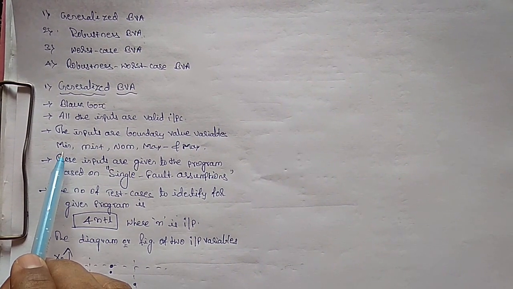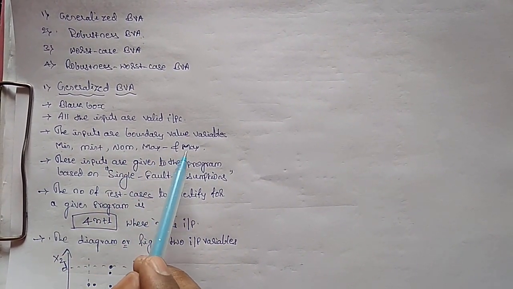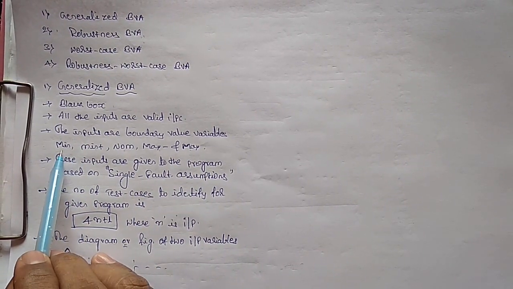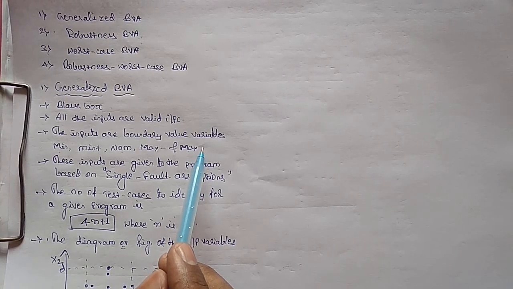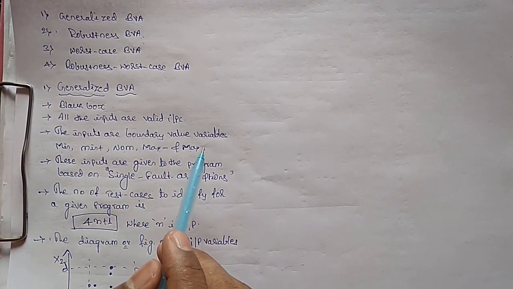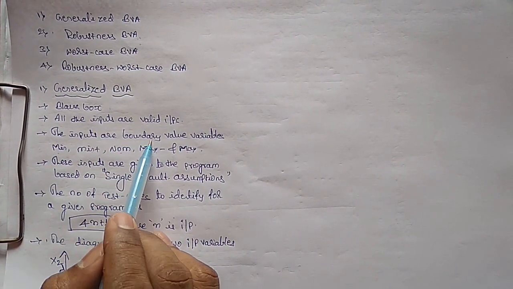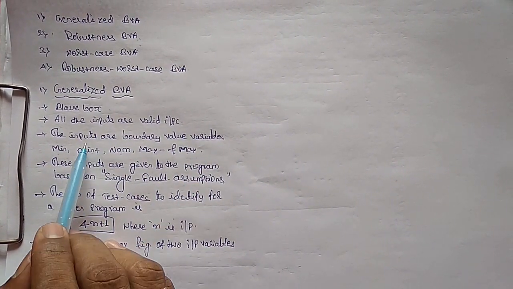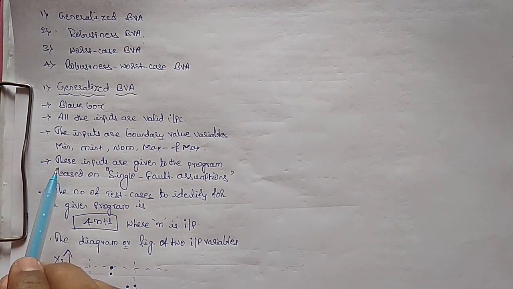For example, minimum, minimum plus, nominal, max minus and max. These are the 5 input variables we specify for a given program. These input variables are valid input variables, and we also call them boundary value variables. By using these boundary value variables, we are going to test the given program.